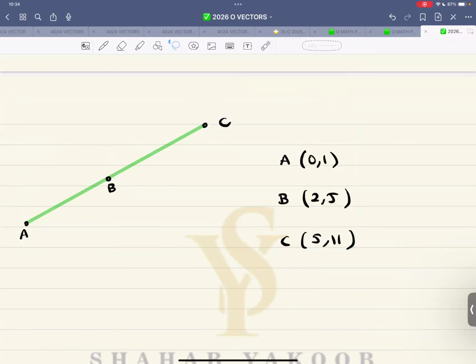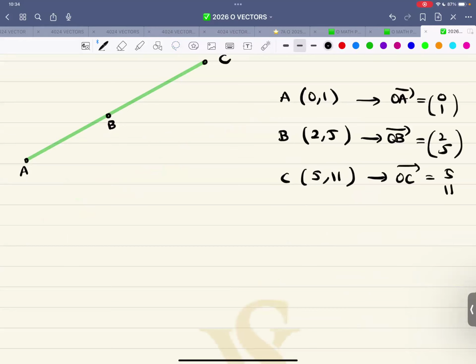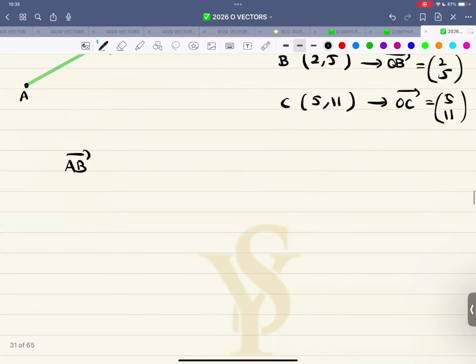So now this thing is there. A becomes OA, (0, 1). B becomes OB, that is (2, 5). C becomes OC, that is (5, 11). Let me find the vector AB, just like the same thing. That is OB minus OA.